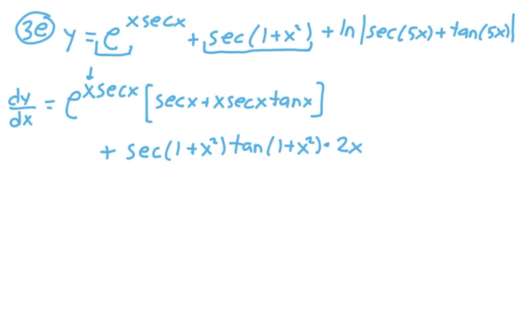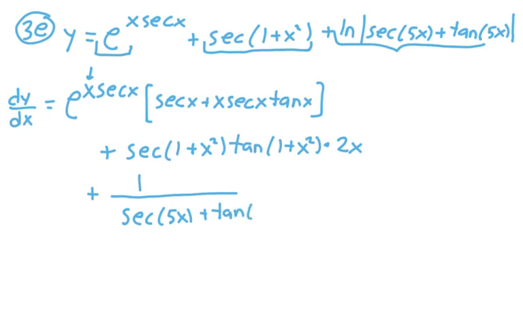Then I'm going to go plus, and then we've got to take care of this third term. So that's 1 over secant of 5x plus tangent of 5x, right? But then I have to multiply by the derivative of what's inside. So I need a little bit of room here.